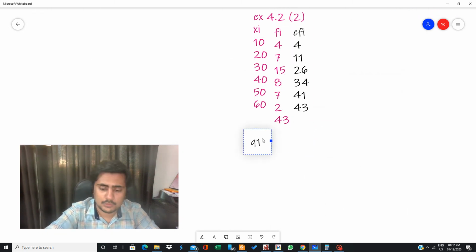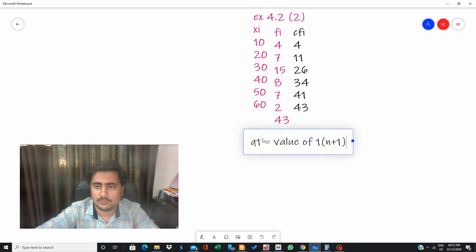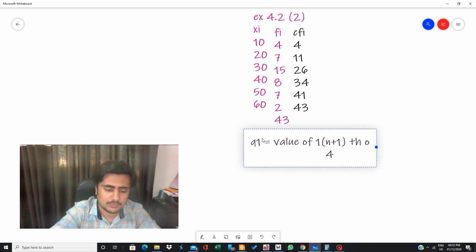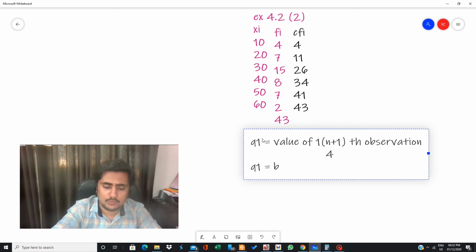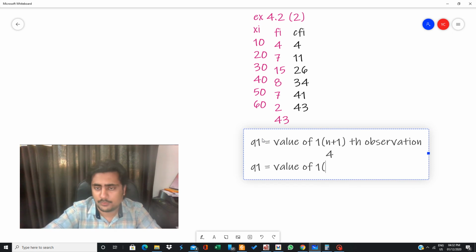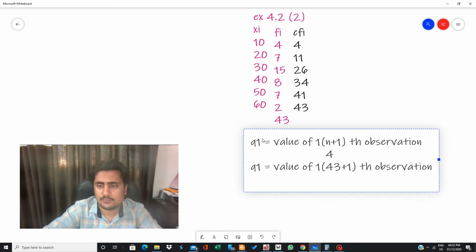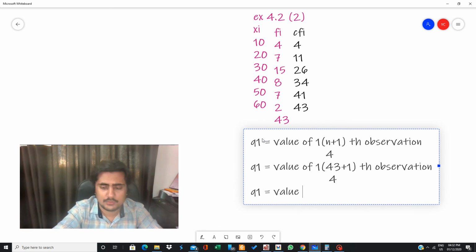Now Q1 is value of 1 into n plus 1 upon 4th observation. So now your Q1 is value of 1 into 43 plus 1 upon 4th observation. So your Q1 is value of 44 upon 4th observation.